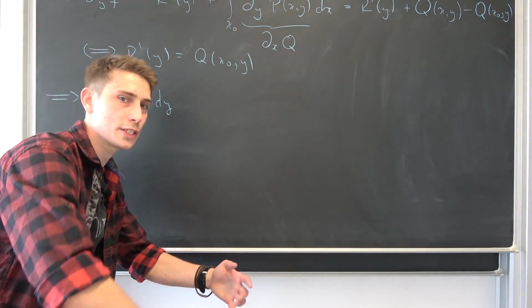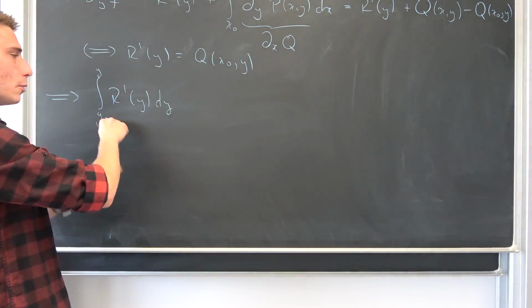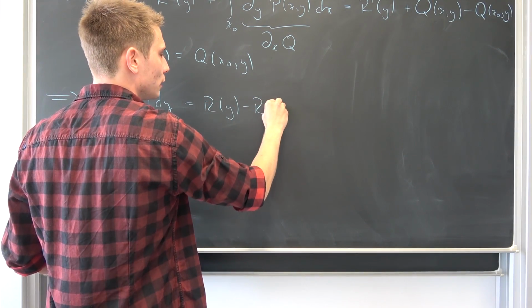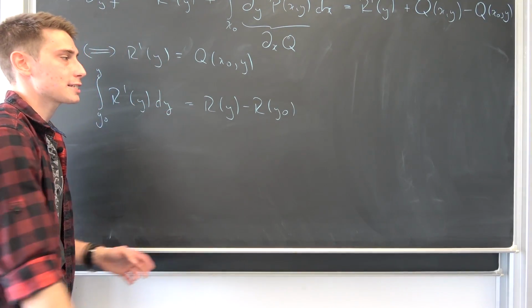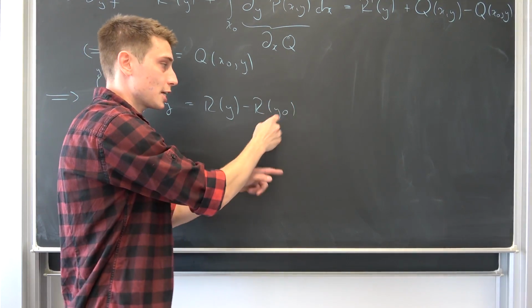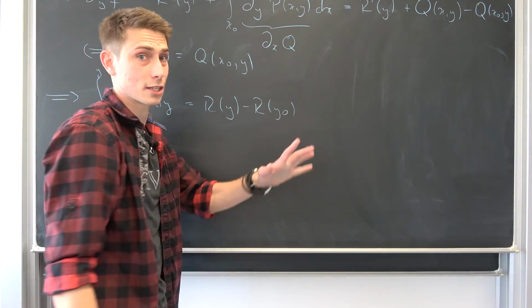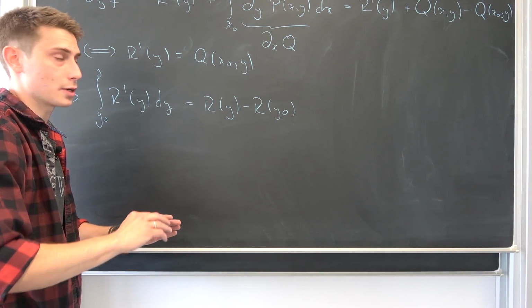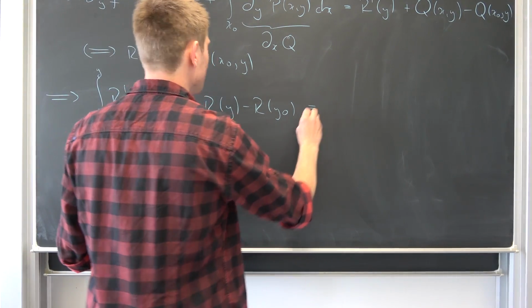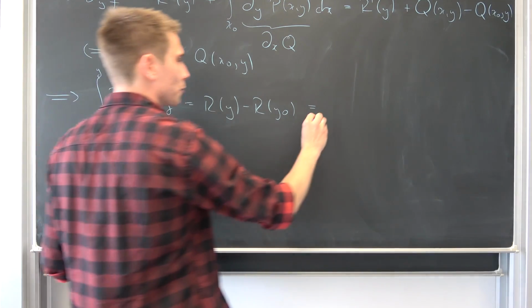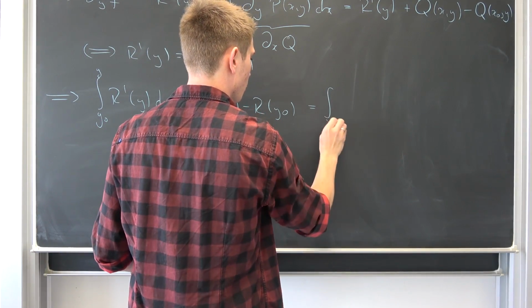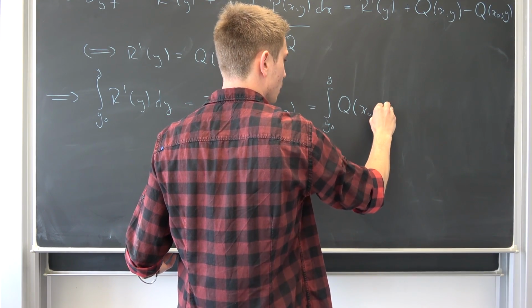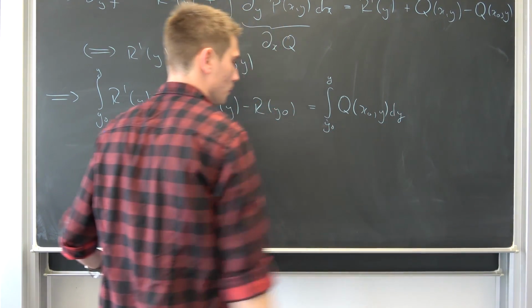Meaning, if we take the derivative and then integrate it in the same variable, with upper and lower bounds plugged in, this is r of y minus r of y0. And I want you guys to notice that this thing right here is actually just a constant right now. It really doesn't quite matter anymore. It's just a real constant of integration now, not a function anymore. It is equal to this thing integrated with respect to y from y0 to y, q of x0 comma y integrated with respect to y.